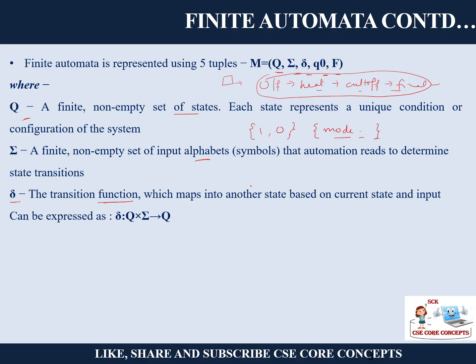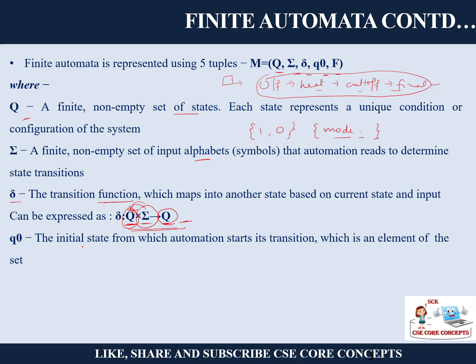When you press the switch, you go from one state to another. So you give some input to the existing state and you get a new state. This is what the equation expresses.